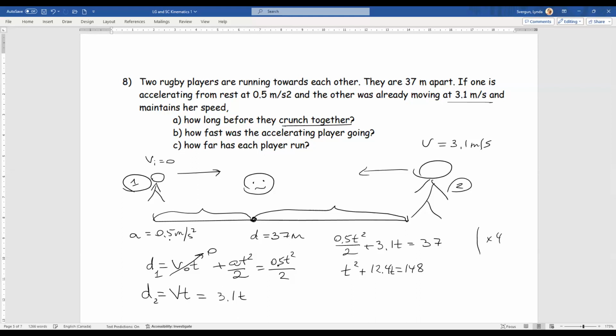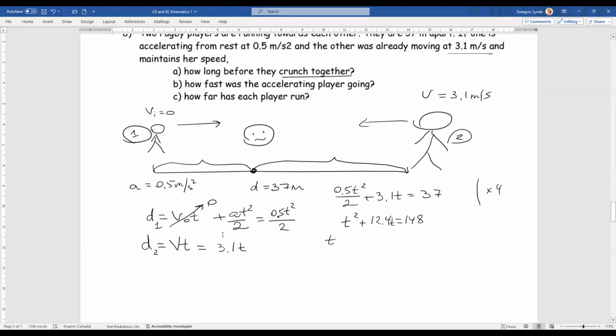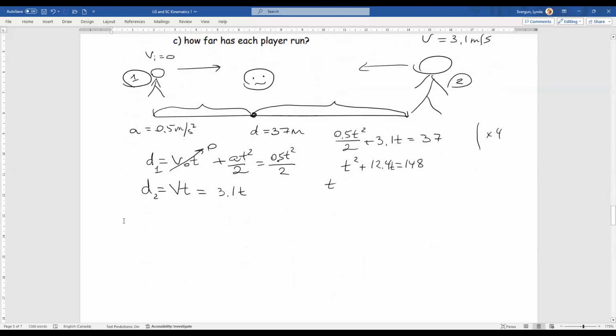When we solve a quadratic equation, we have everything on the left side, so you need to move 148 to the left and then use the quadratic formula. So A equals 1, B is negative 12.4, C is negative 148.